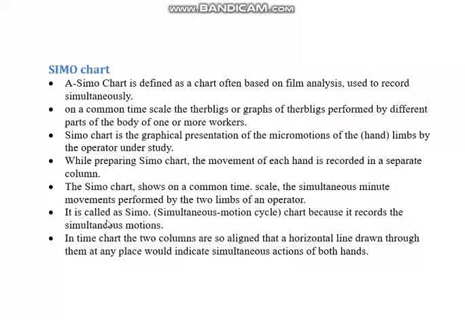It is also called SIMO. If you expand this, it is simultaneous motion cycle. SI they have taken from the first word, and MO from the second word, and they have come up with this name, SIMO, simultaneous motion cycle.